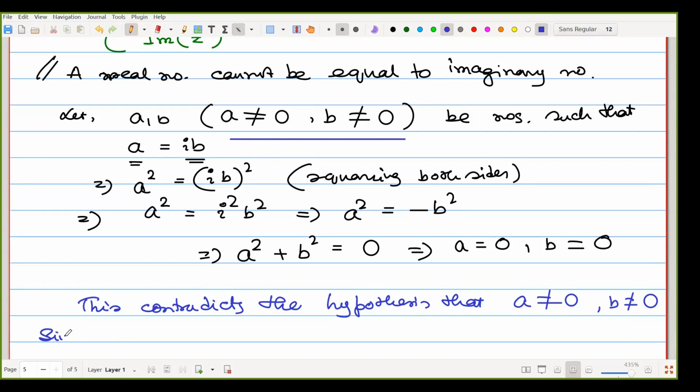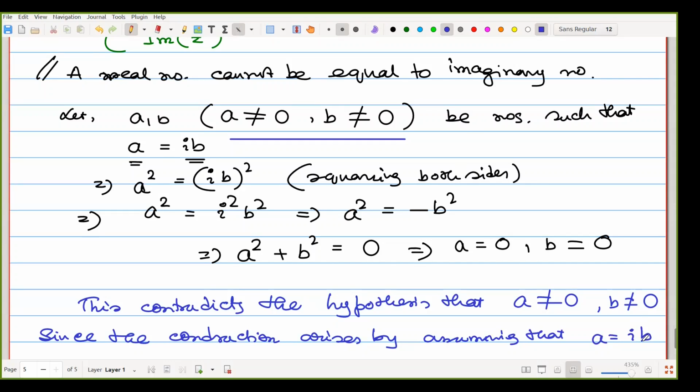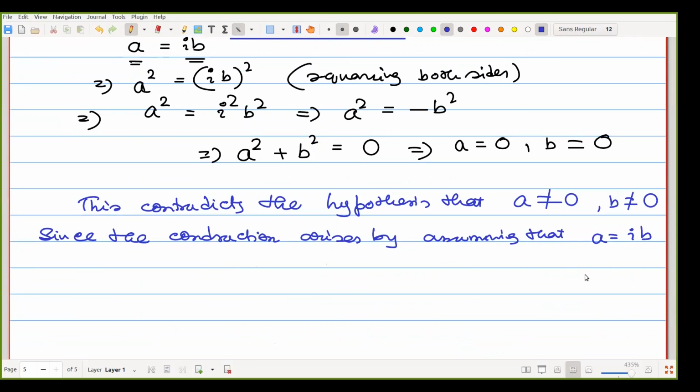Since the contradiction arises by assuming that A is equal to IB, therefore, simply we can say, A is not equal to IB. So that means any real number cannot be equal to imaginary number.